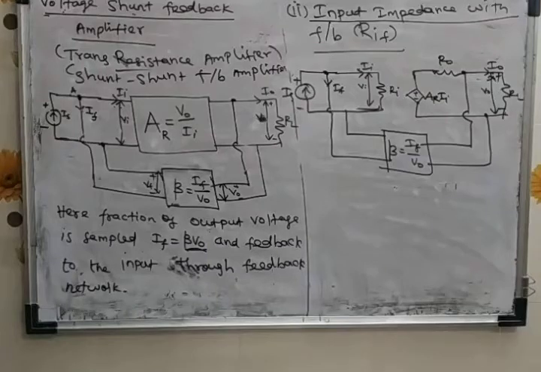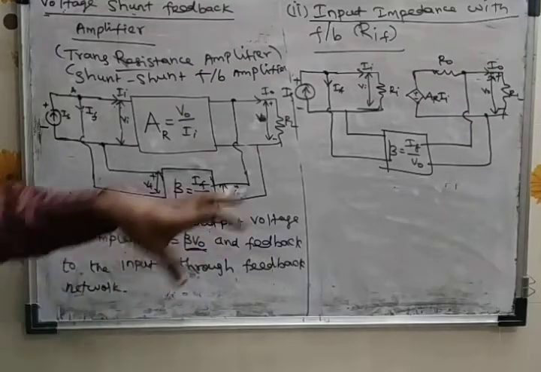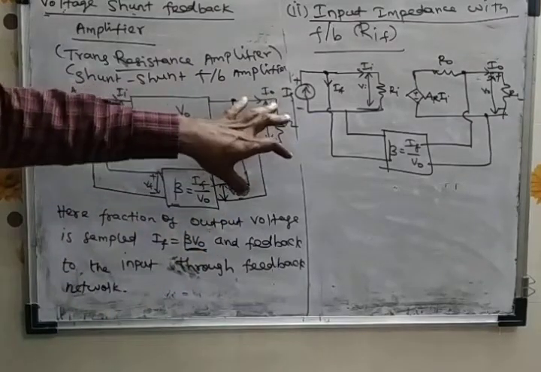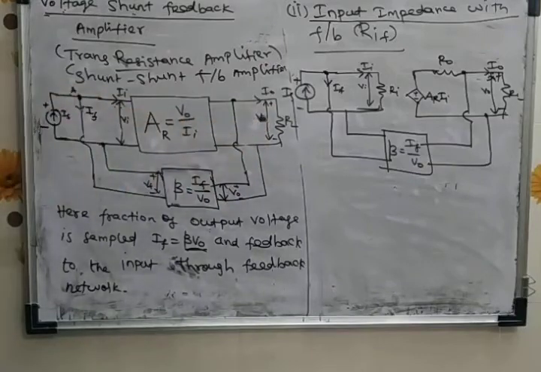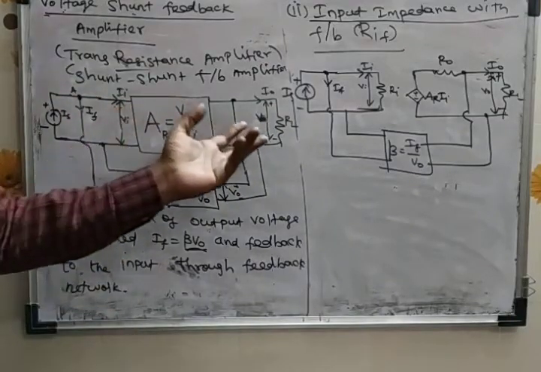To find input impedance, we have to assume the output is 0. Either we make the output voltage 0 or the output current 0. Here we are having output voltage sampling, so we have to make the output voltage 0.